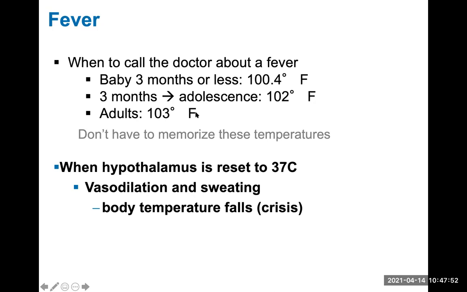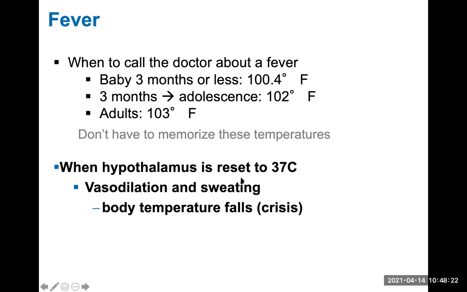Okay. 3 months up through adolescence, they can sustain a fever of 100 and up to 102. If it becomes 102, you should call the doctor. Adults, we can handle a little more, 103. If your fever is 103 or more, you should contact your physician and see what they advise you to do. Again, you don't have to memorize this information here. It's just to help you.